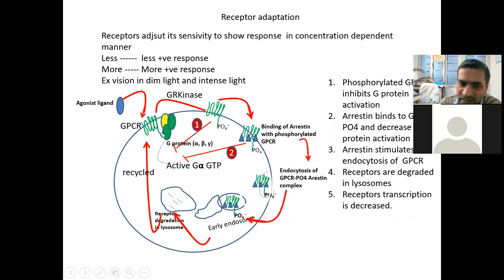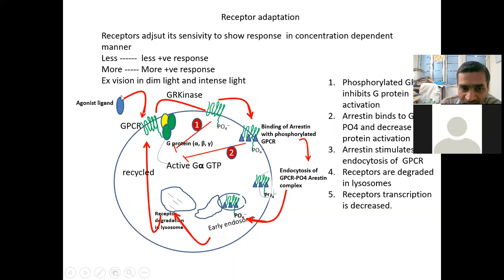G proteins are trimeric in nature, so alpha, beta, gamma subunits are there. As soon as some ligand binds, this trimeric complex breaks down into two components: G alpha and the G beta gamma complex. G alpha comes in contact with GTP because it has more affinity towards GTP. So the G alpha GTP complex is in an active state. It is activated because of the ligand binding to the receptors.